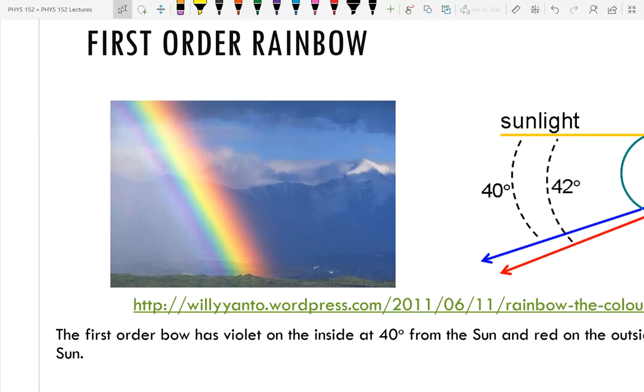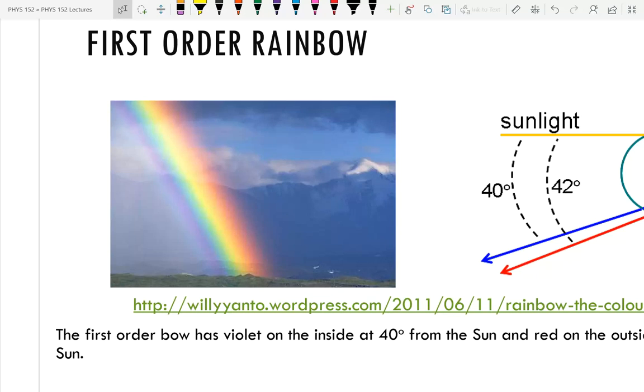Why are they arcs? If you take a compass and you draw 40 degrees, that's going to make a circle if you go around. So the inside is 40 degrees, the outside is 42 degrees for a rainbow.